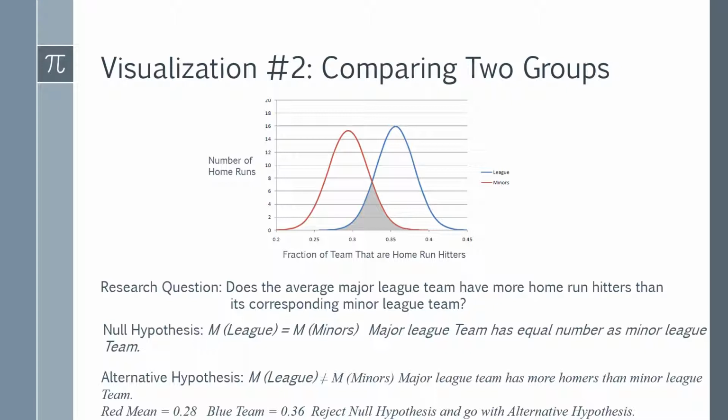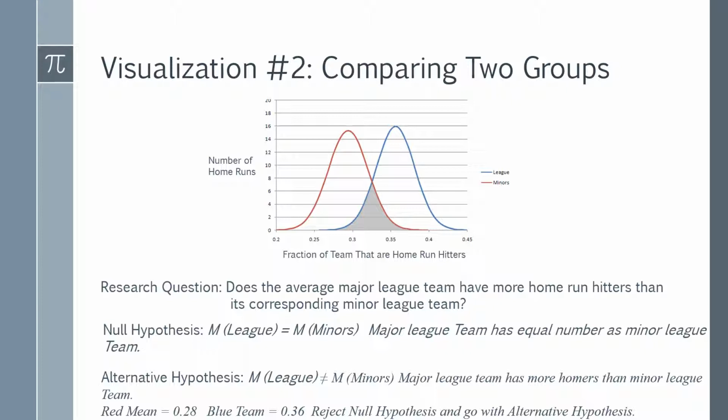So we will look at the null hypothesis. I have it here in equation and word mode. We're going to look at the mean of the league. Is it equal to the mean of the minors? So does our major league team have an equal number as the minor league team?